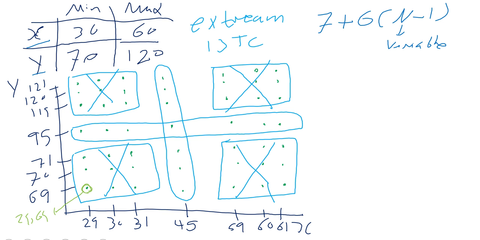If we apply this rule for the two variables x and y, 7 plus 6 times (2 minus 1), 7 plus 6, this will be 13 multiplied by 1 equals 13 test cases.